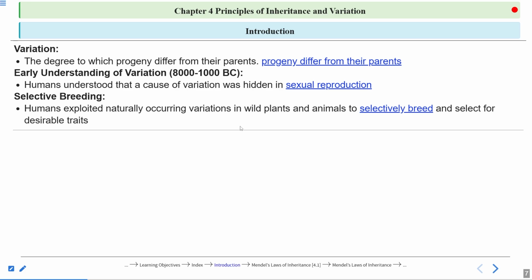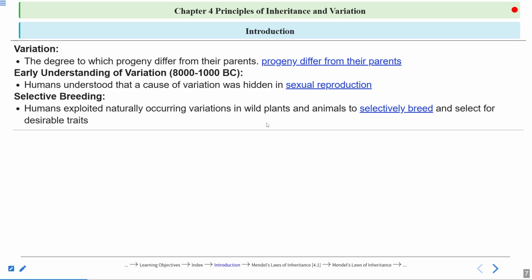So what is important for selective breeding? You have to choose the parents first. These parents should have the desirable traits or the desirable characters that you want in the progeny. Then you cross these parents, and there are high chances that in the progeny, these characters will be acquired from the parents.